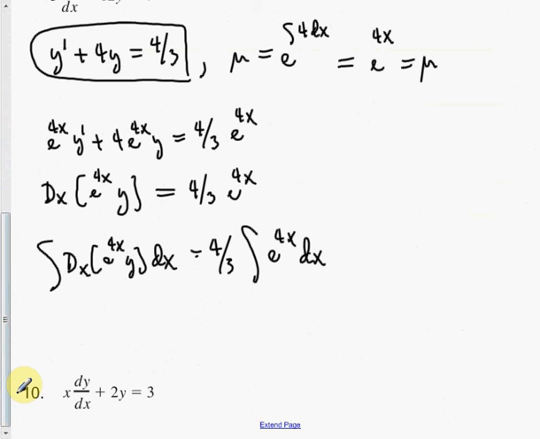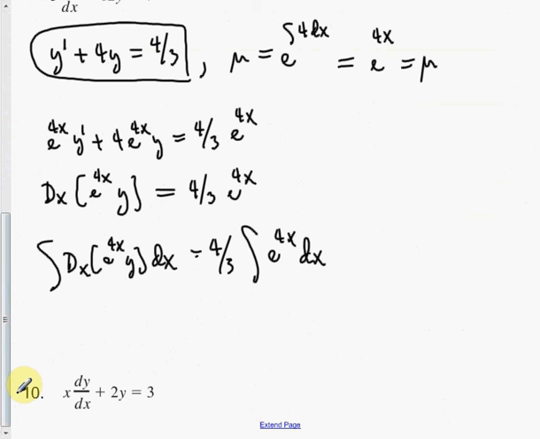According to the fundamental theorem of calculus, part 2, the integral of a derivative is just the function. The function here is just e to the 4x times y. So the integral and the derivative are inverses of each other, just like the natural log and the e base. So all I have left here is e to the 4x times y. No work over there.